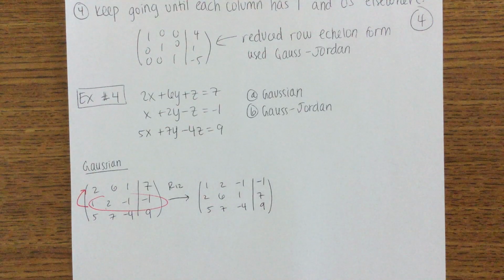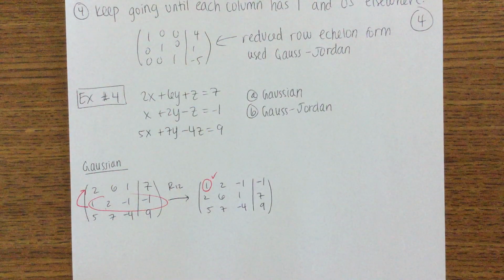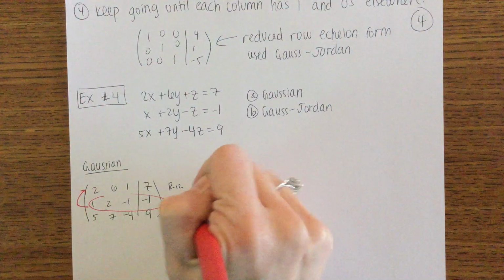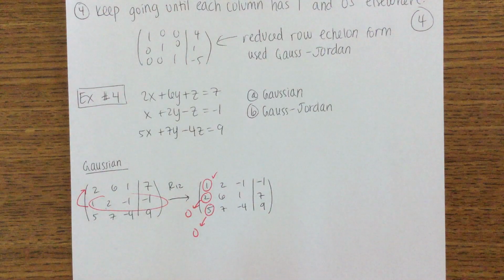Okay. What else do I need? This one is good. Next thing I need is this number to be a 0, and this number to be a 0. Right? Because we need 0s below our 1s.